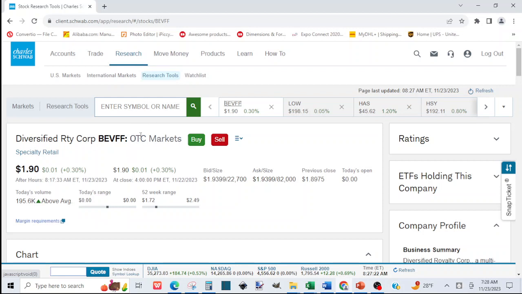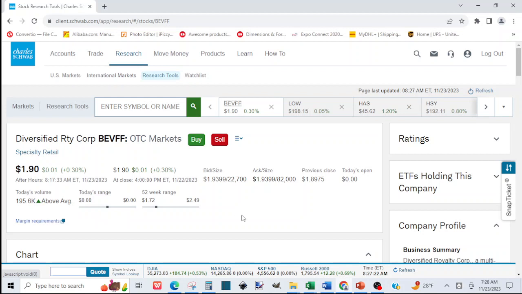If the market is not NASDAQ or New York Stock Exchange, then you do not continue entering information related to that stock on your spreadsheet. So this one is OTC market, over the counter.